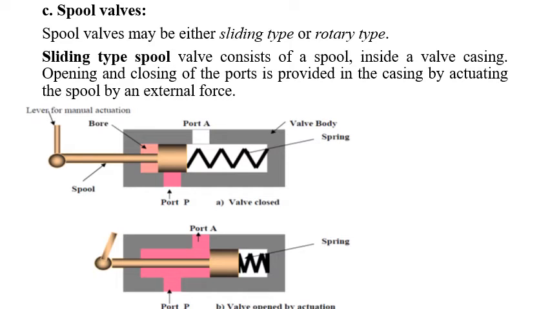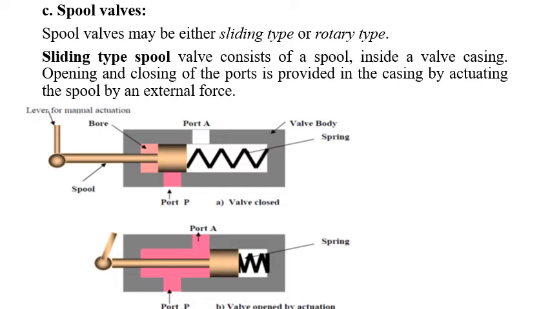These valves are also called on-off valves because they allow the fluid flow in only one direction and the valve is normally closed. Two-way valves are available as normally open and normally closed valves.